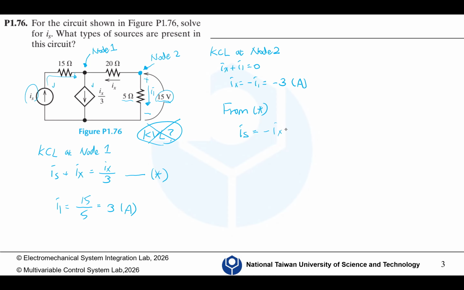The voltage across this 20 ohm resistor, because we focus on mesh 1, should be 20 times I1 minus I3.